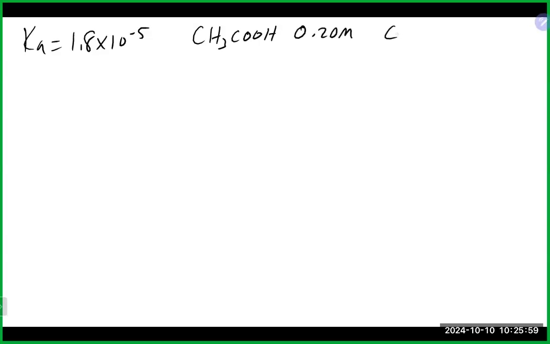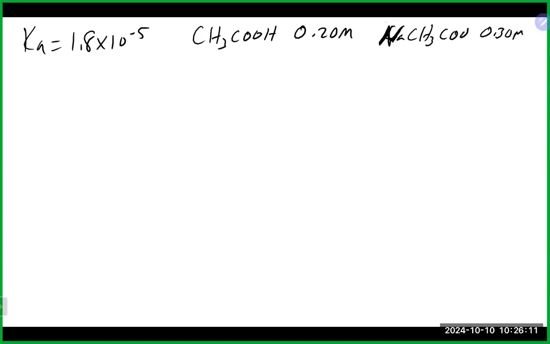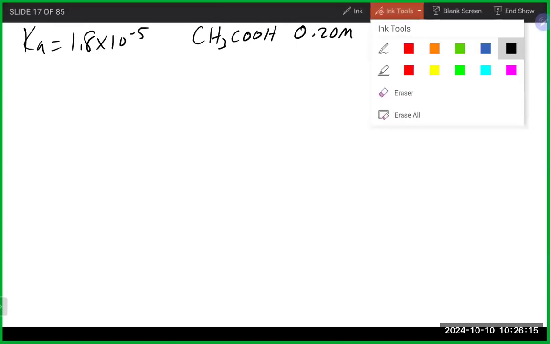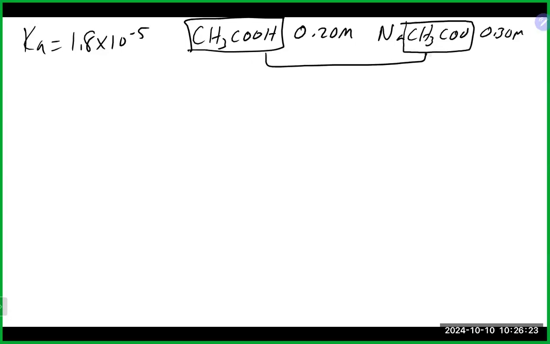We had our sodium acetate at 0.3 molar. So now, as soon as you could recognize that these two things are basically related to each other, and hopefully you could recognize it, that basically acetic acid and the acetate are related to each other.